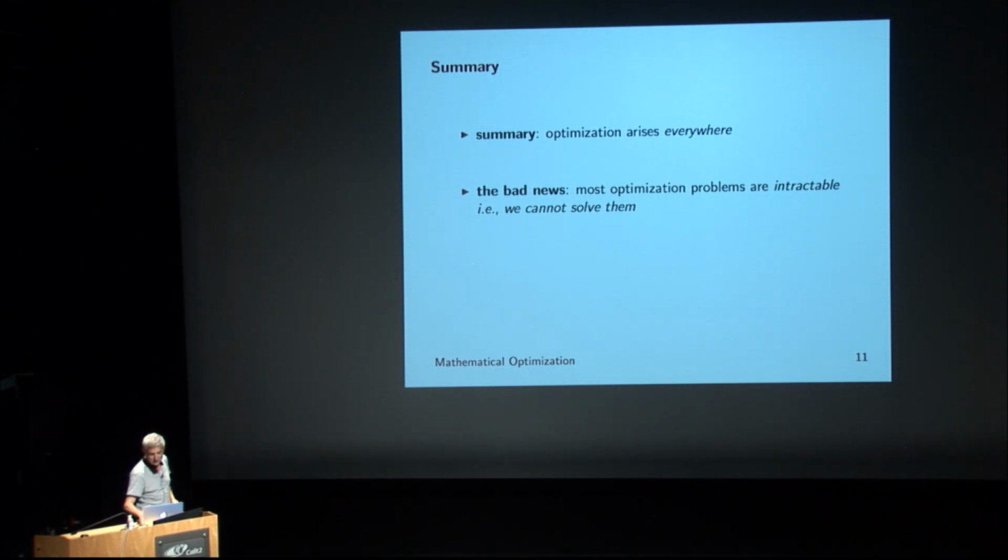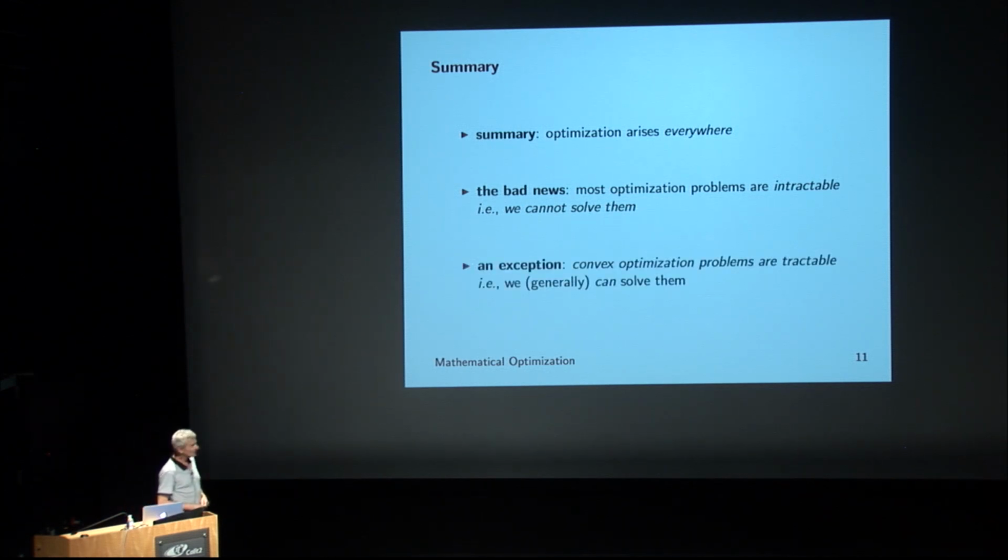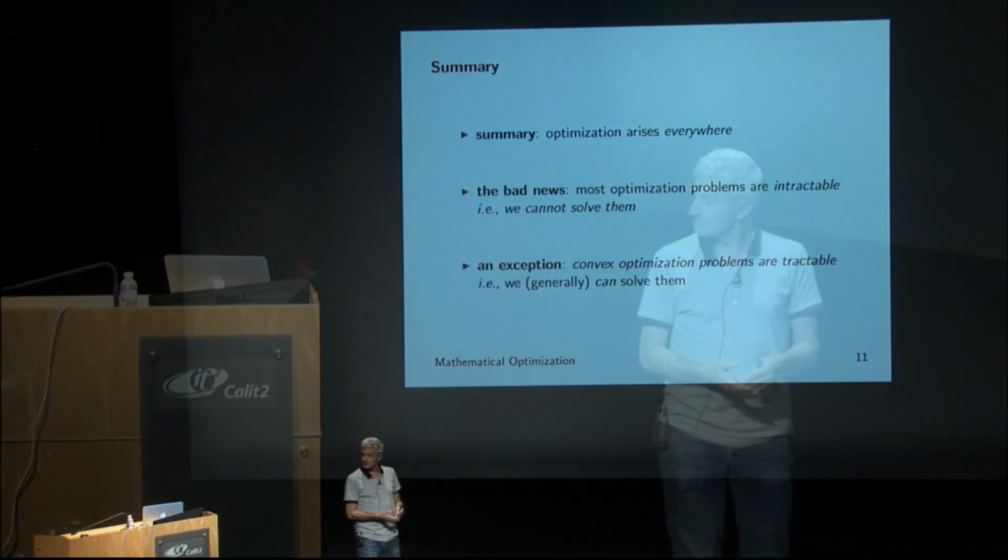Anyway, there's an exception, and the exception is convex optimization problems. These are tractable, right? We're going to get to what that is in a minute. And by the way, this is less bad than you think. There are heuristics that will optimize something, meaning they really won't, but they'll get you something which is maybe feasible or approximately feasible, and at the same time will maybe get you a low value of the objective, if not the lowest.